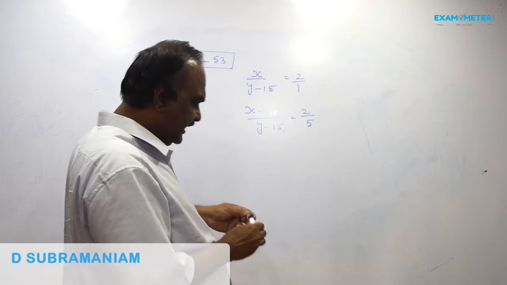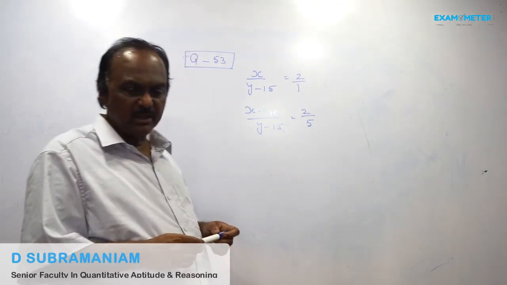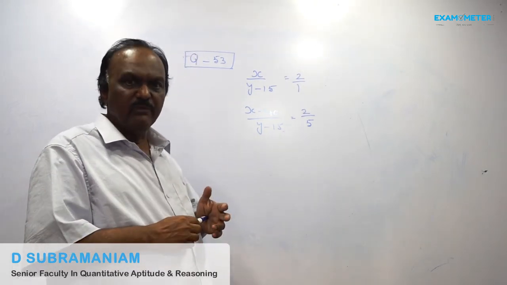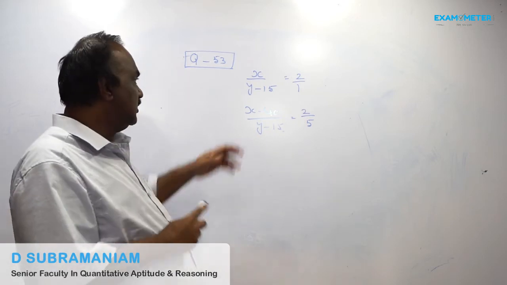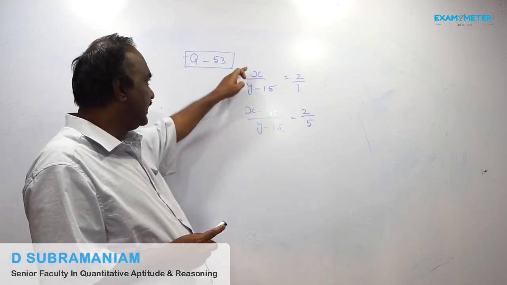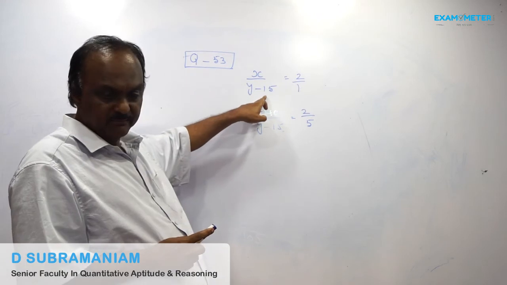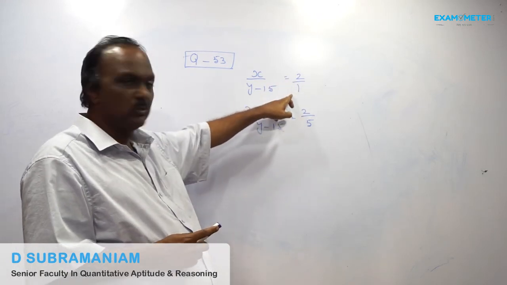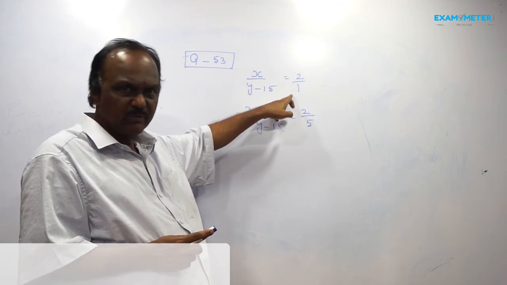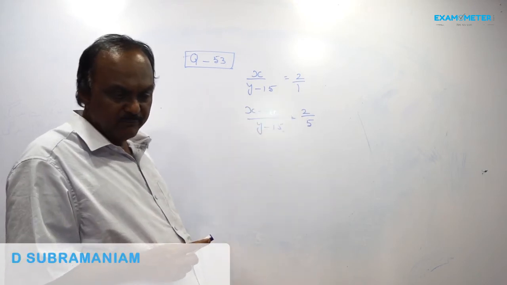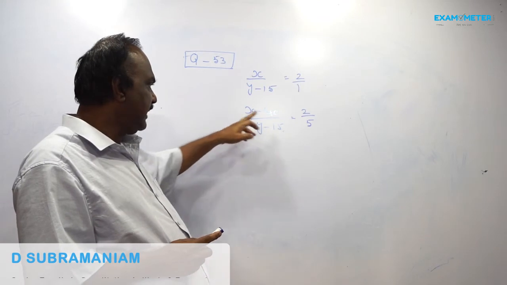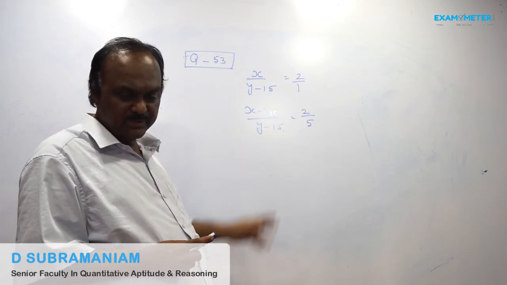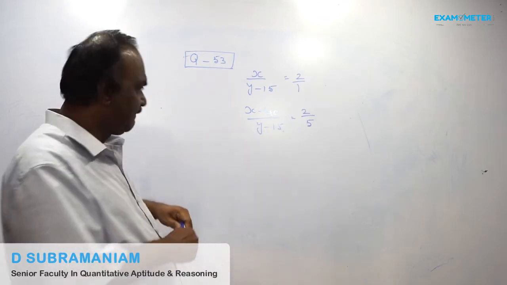Boys we are taking as x, girls we are taking as y. 15 girls are taken out. So x by y minus 15, then the ratio becomes 2:1. 2:1, you can write it in the fraction form 2 by 1. If 40 boys are taken out, x minus 40 by y minus 15 is equal to 2 by 5.